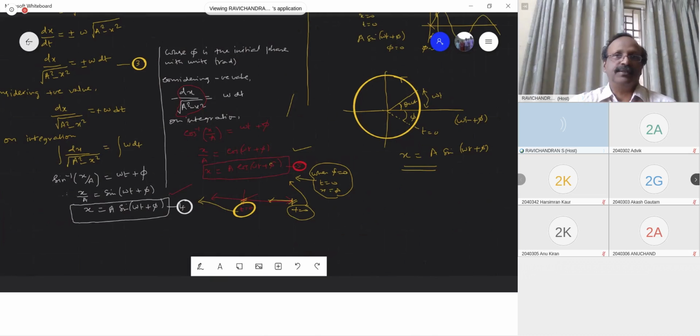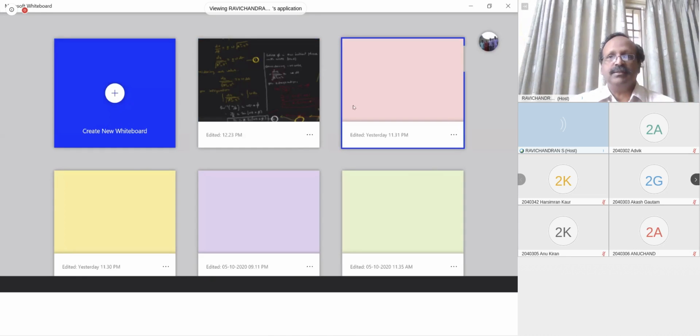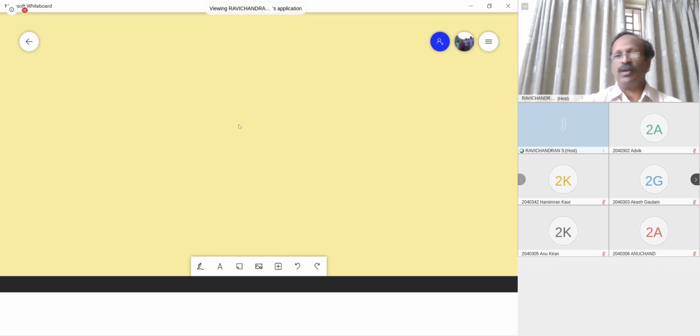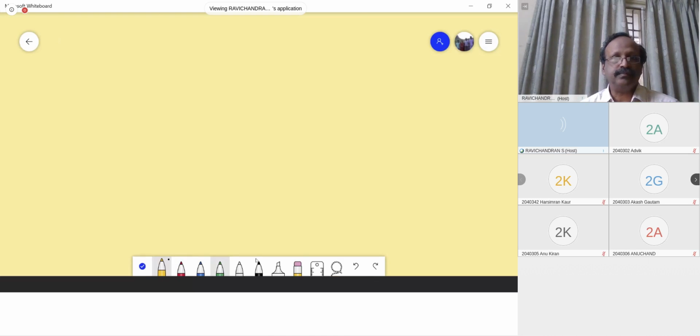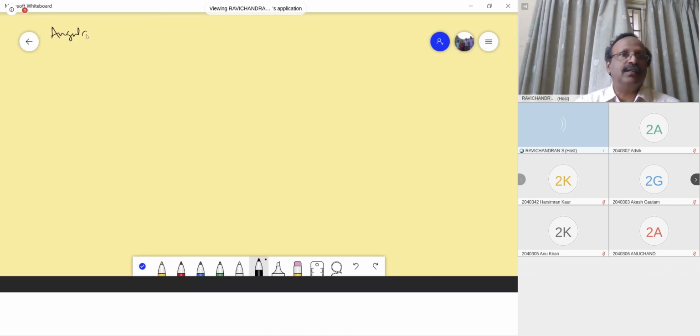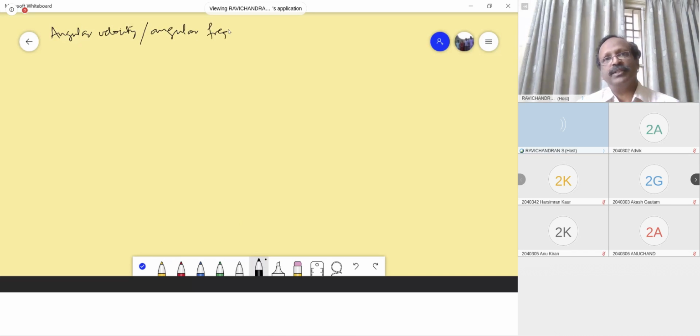Okay, next part. Some little more important parts now. Angular velocity or angular frequency, both of them are the same.